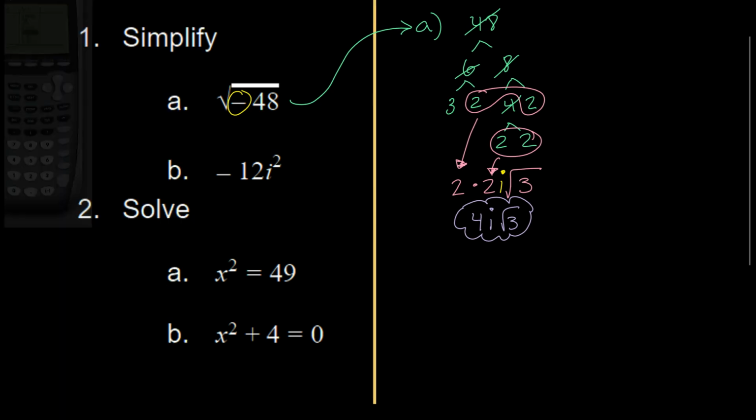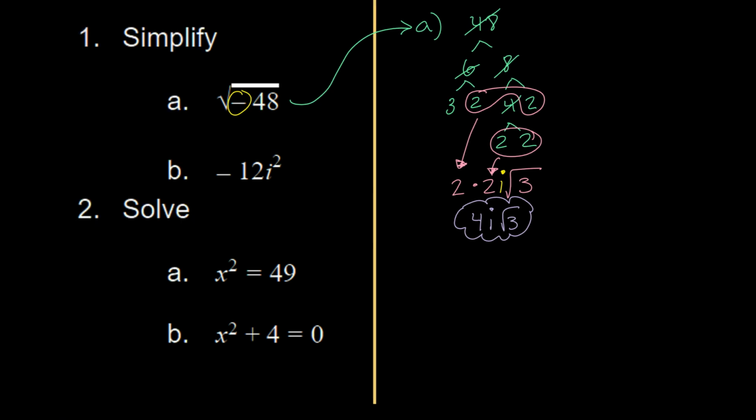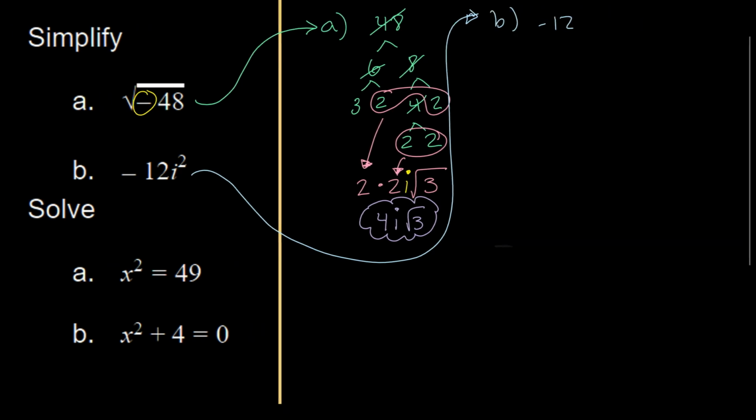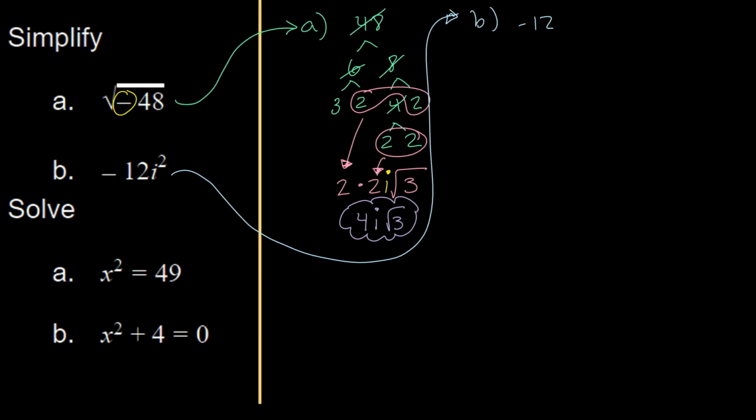All right, number 2, part B. We're asked to simplify negative 12i squared. Now, what did we learn last class is i squared equivalent to? i squared is equal to negative 1. So I'm going to replace that i squared with negative 1.